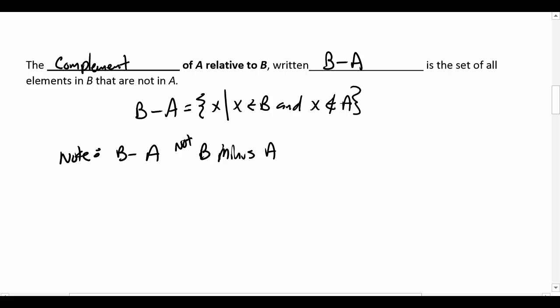Minus is typically an operation dealing with numbers, and the set difference is when we're talking about sets. So I guess it's okay to think it in your head, but when you describe it, it's described as a complement. And when someone asks what it looks like, you say, well, it looks like B minus A, but it's really not B minus A. Just forewarning you on that.